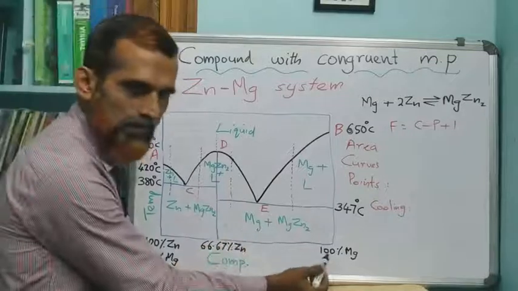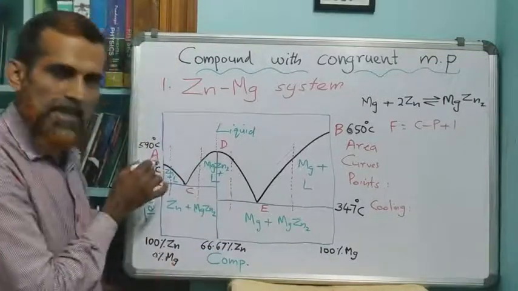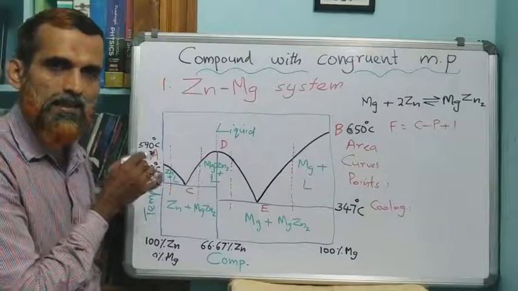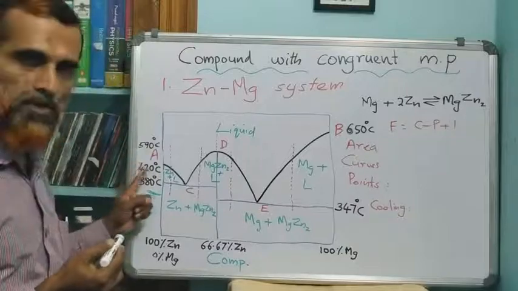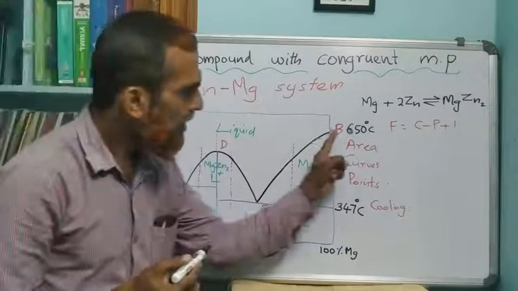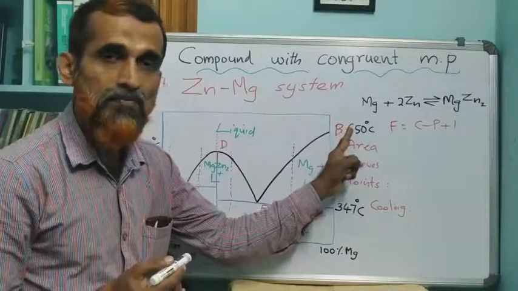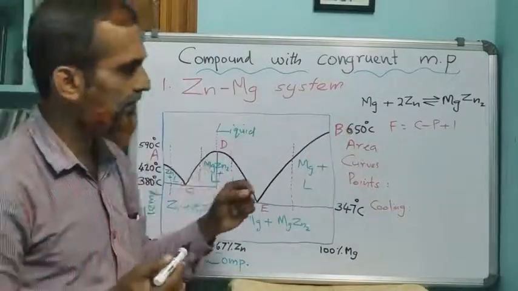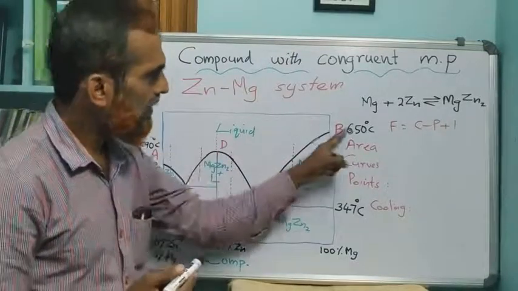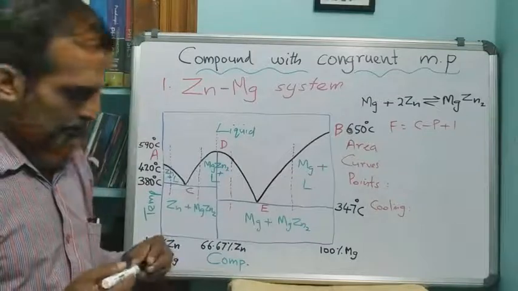And B is 100% magnesium and 0% zinc. So the point A indicates the melting point or freezing point of zinc, which is 420 degrees Celsius. Point B represents the melting point of magnesium. Of course, it has a higher melting point, a little harder metal, that is 650 degrees Celsius.